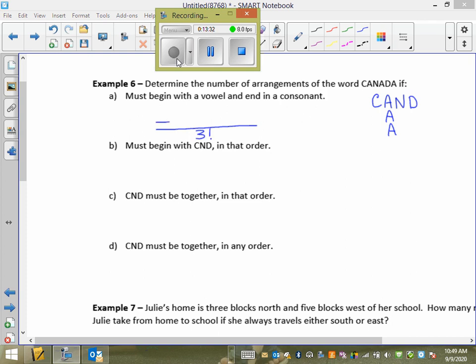Canada has 6 letters. If I begin with a vowel, I have 3 vowels. End in a consonant, I have 3. And then I have 4 letters left, 3, 2, 1. Very close to the previous one, but the previous one was divided by 2 factorial, so it's divided by 3. So it's going to be 9 times 4 factorial divided by 3 factorial, which is 36.